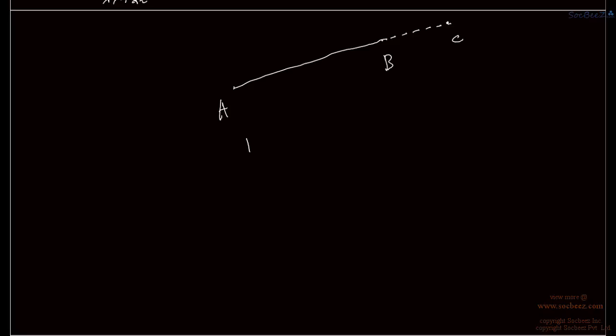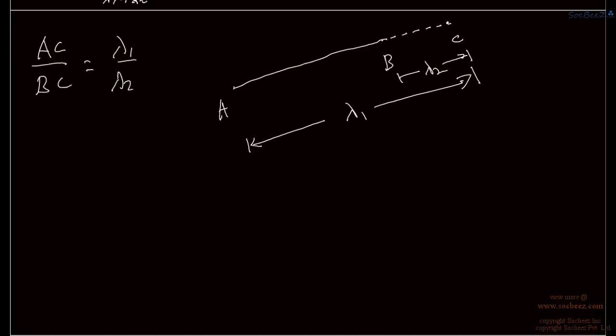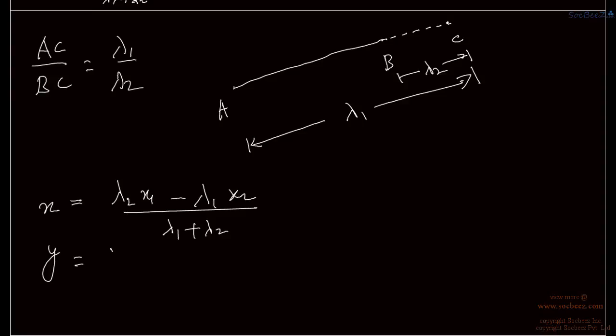So we have the ratio lambda 1 and lambda 2, that is, AC upon BC is equal to lambda 1 upon lambda 2. So in case of external division, if we have to calculate x and y, in place of plus we will be using the minus sign. Similarly, (lambda 2 y1 minus lambda 1 y2) upon (lambda 1 plus lambda 2), right?